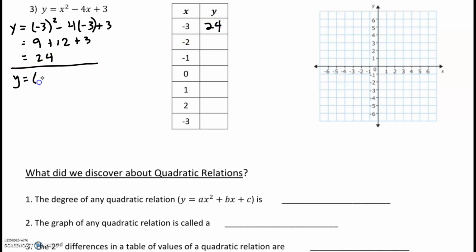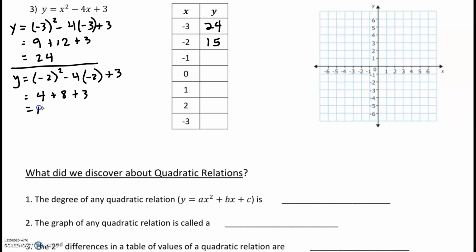Okay, let's do the same now for negative 2. So y is going to equal negative 2 squared minus 4 times negative 2 plus 3. So negative 2 squared is going to be 4. Negative 4 times negative 2 is a positive 8 plus 3. So 4 plus 8 is 12, plus 3 is 15.